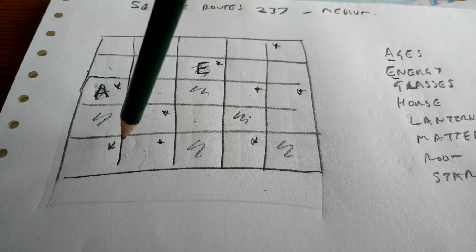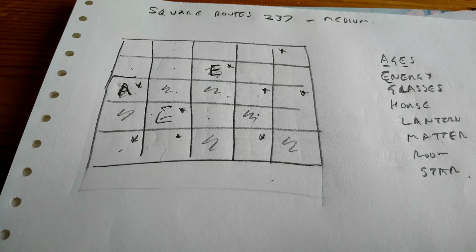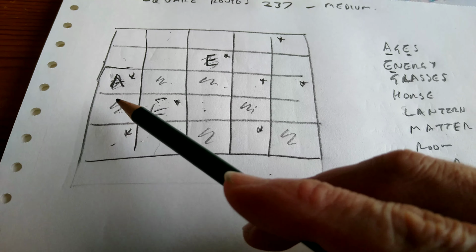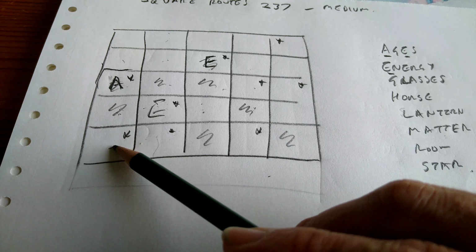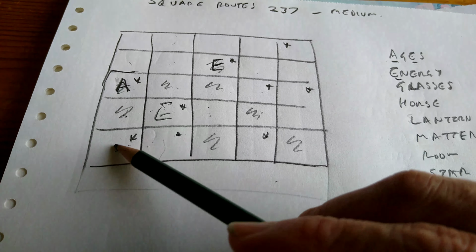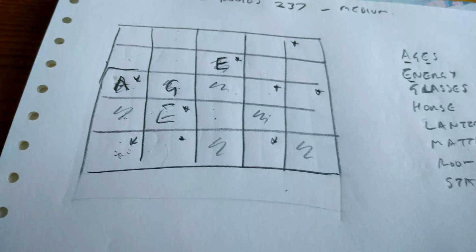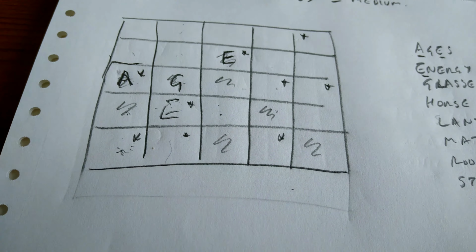So we can put that in as an E, all right. But the G, if we had glasses starting there, it'd have to go GL, and it can't go there because we've got nowhere for the consonant of glasses. So glasses must start up here. It must go like that. The ages. Got ages in.